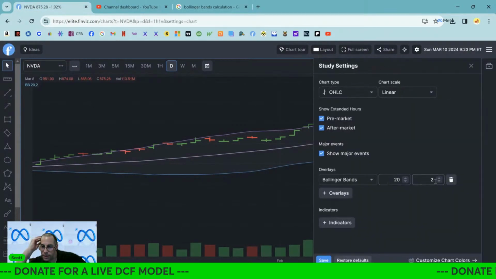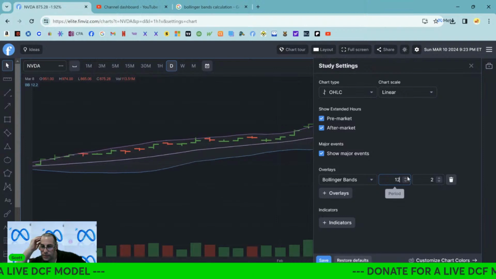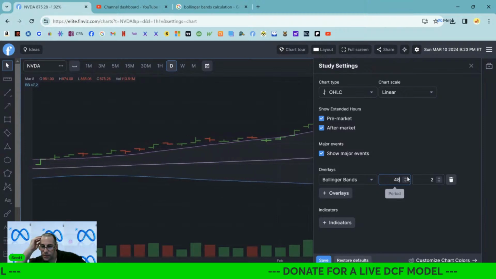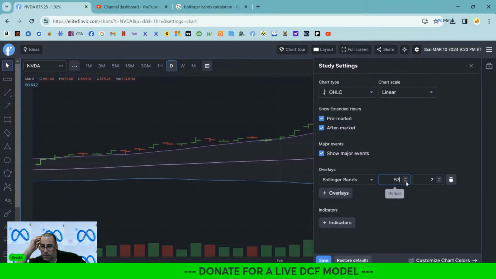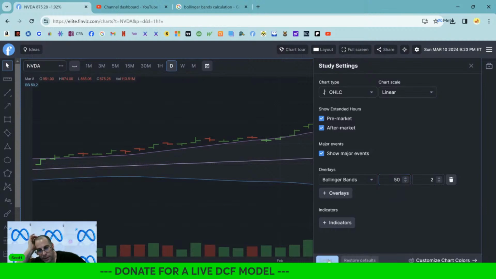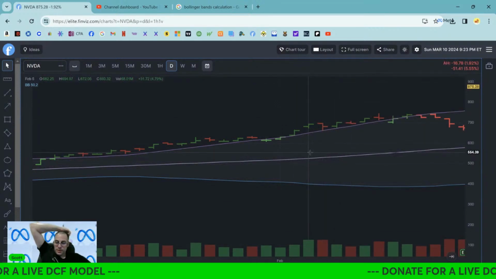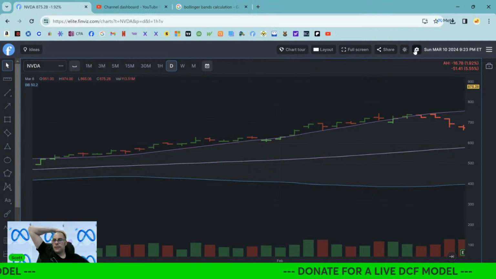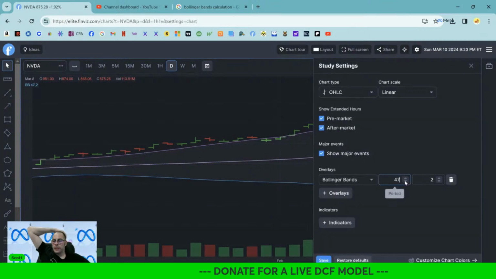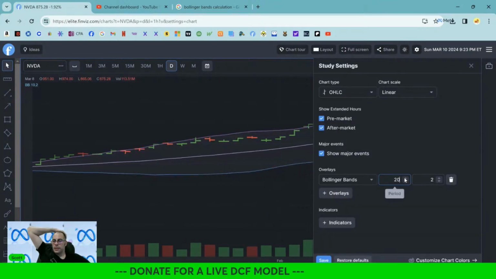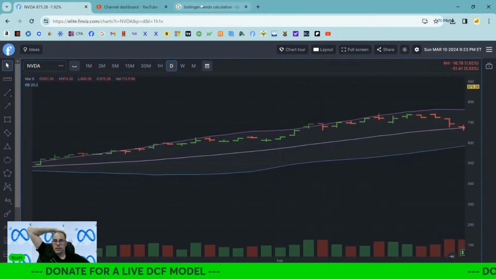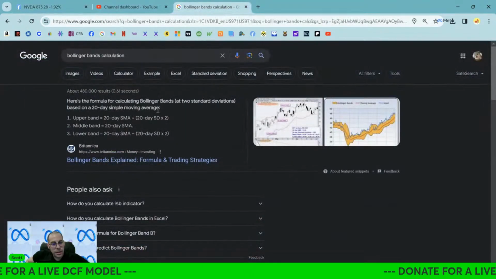Let's see if I change it to 50 days. Okay, that's interesting. It's a simple moving average, 20-day simple moving average.